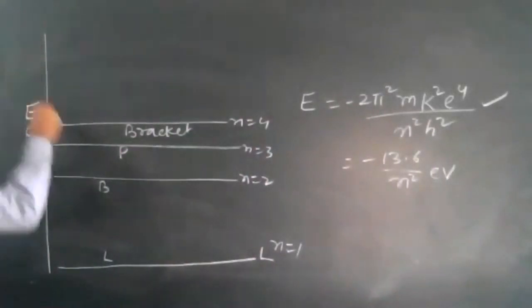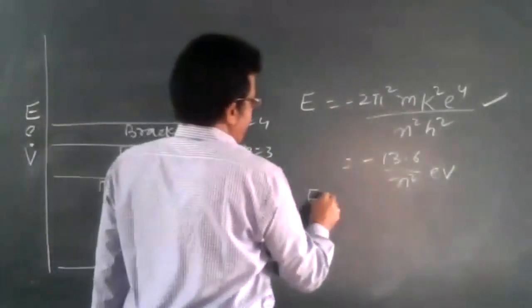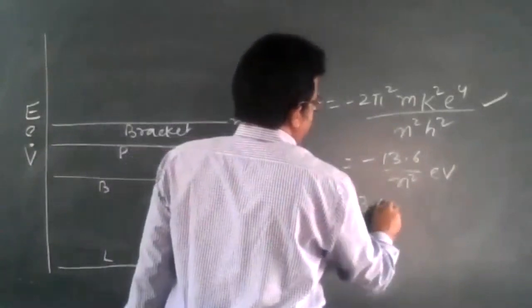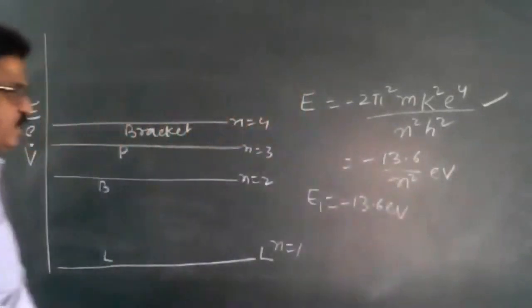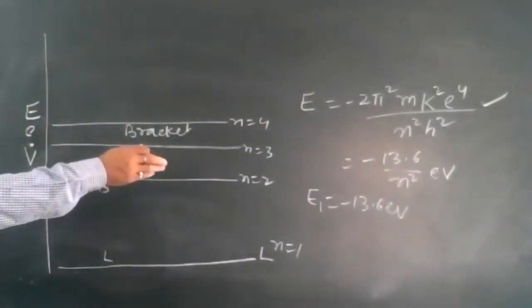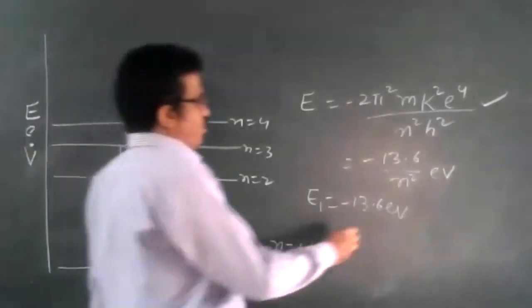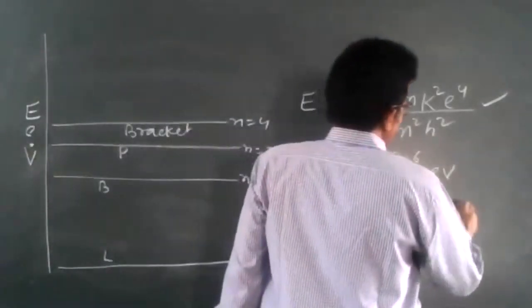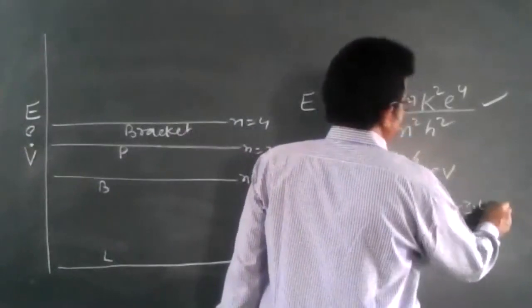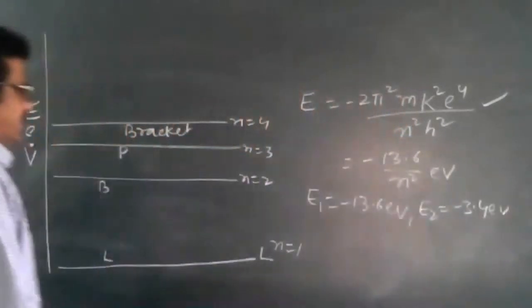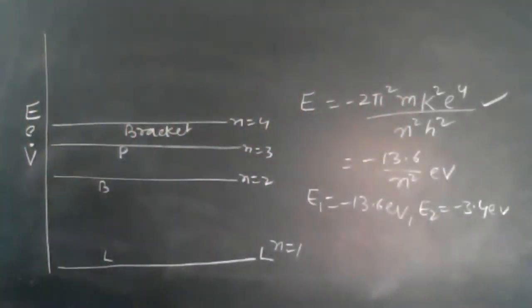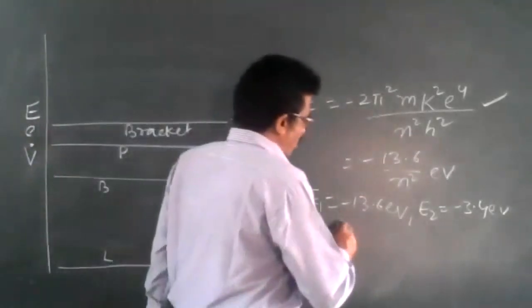So we are getting the value of E1, that is minus 13.6 electron volt. E2 is minus 3.4 electron volt. Put the value n is equal to 1, 2, 3, 4 like this. E3 is equal to minus 1.51 electron volt.